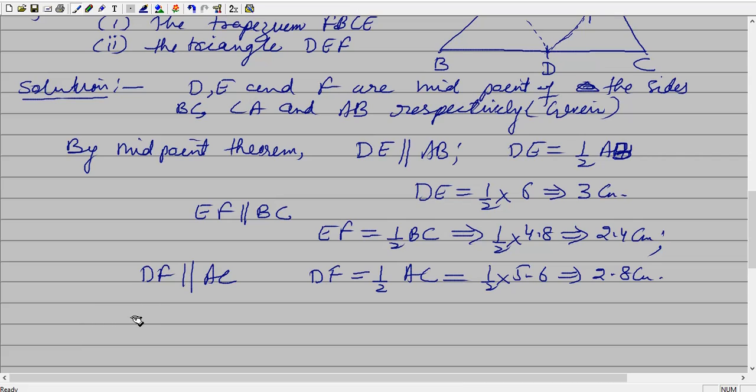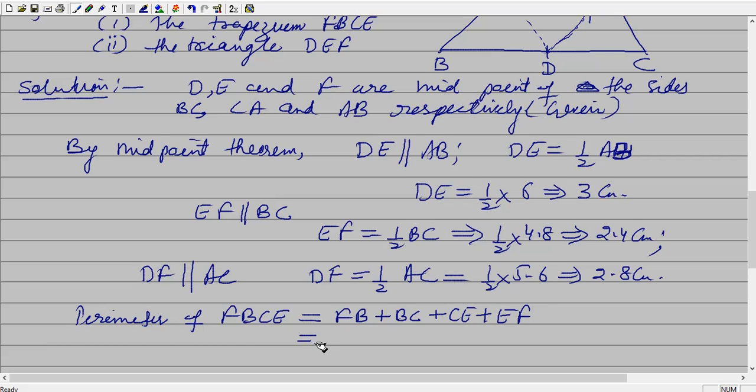The trapezium FBCE means the perimeter of FBCE. So the perimeter of FBCE is equal to FB plus BC plus CE plus EF.